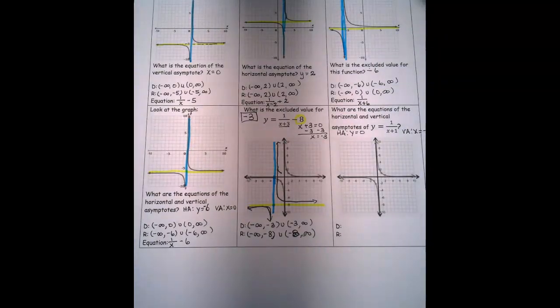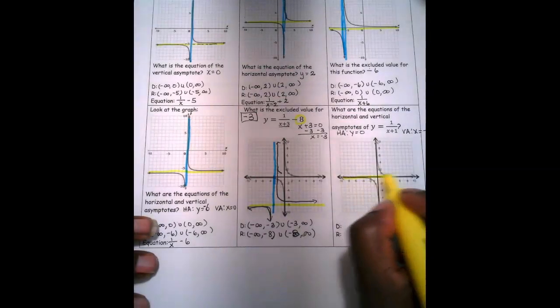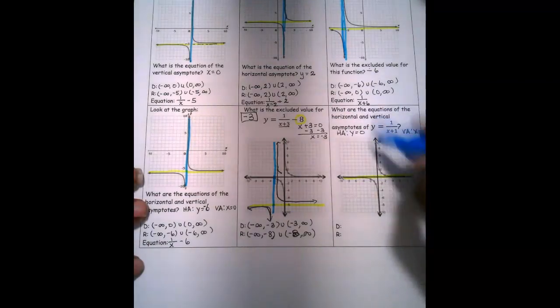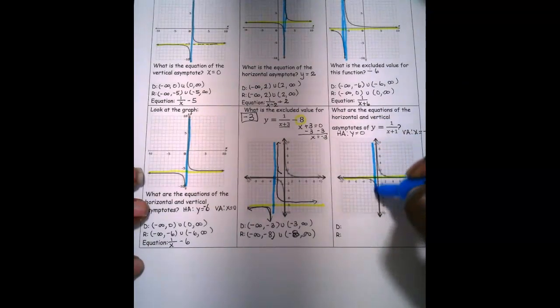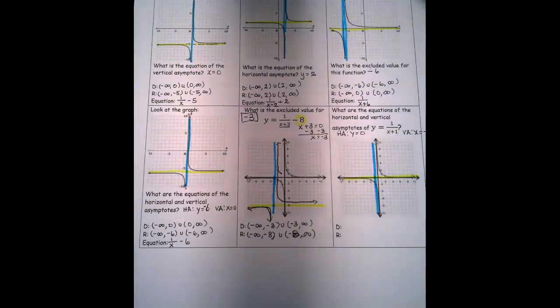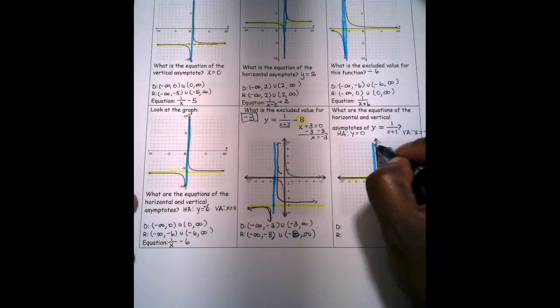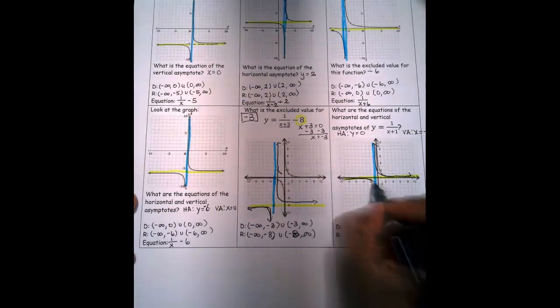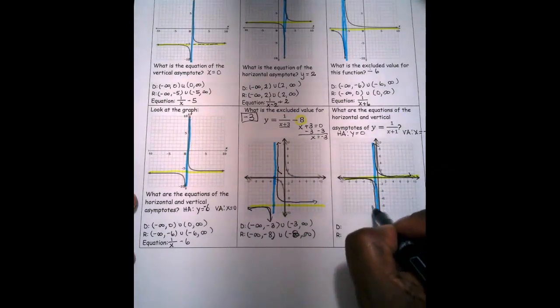So let's go ahead and, we know our horizontal asymptote is here. Our vertical asymptote is at x equals -1. And so as you can see, we're just going to move a little bit to the left here, and a little bit to the left here.